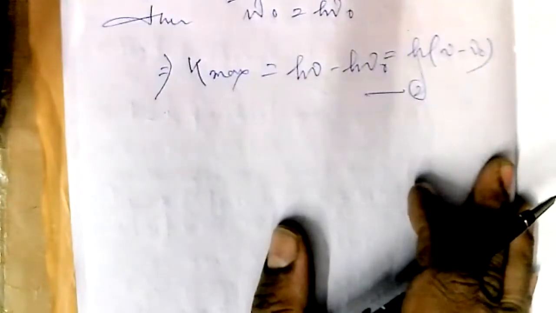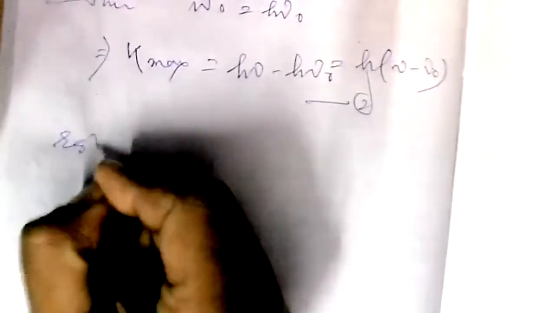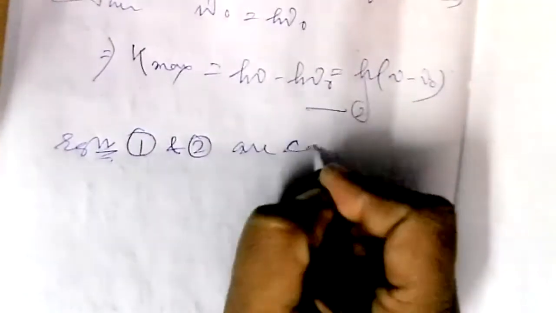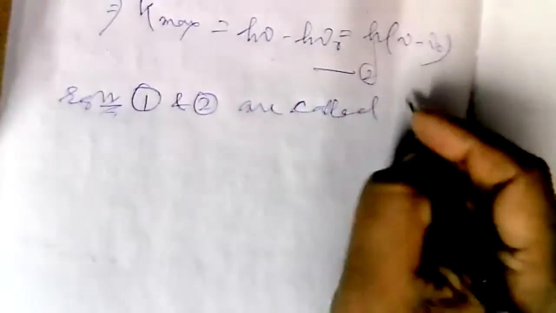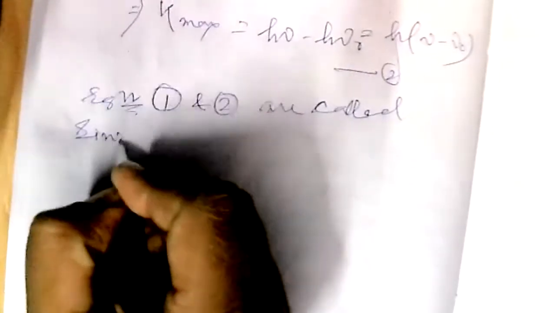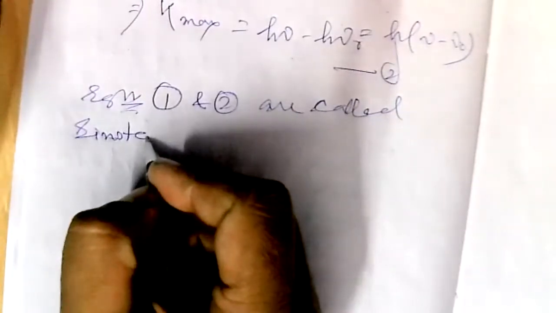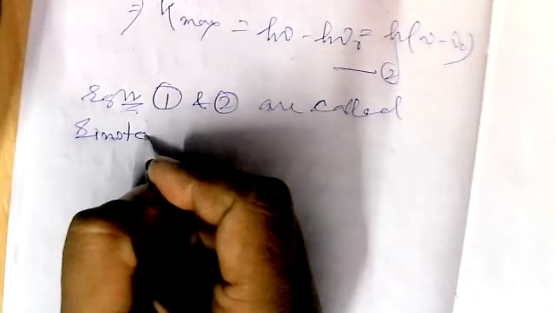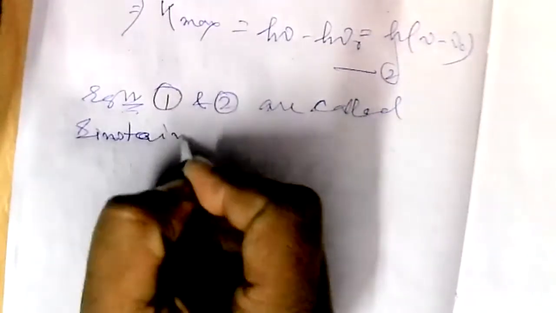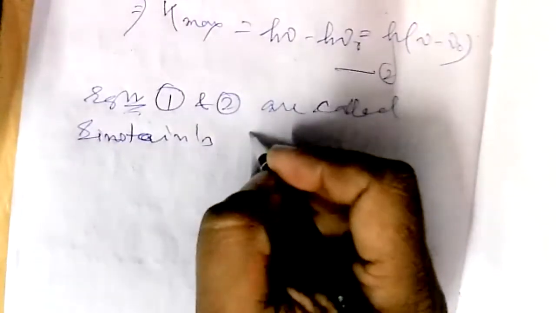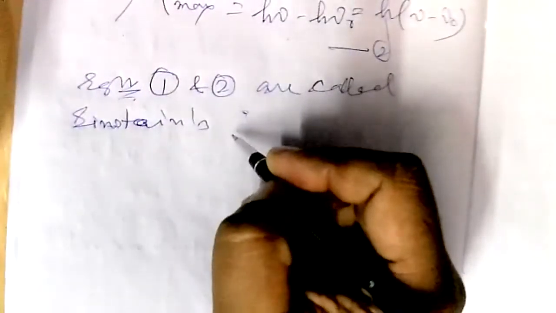Equations 1 and 2 are called Einstein's photoelectric equations.